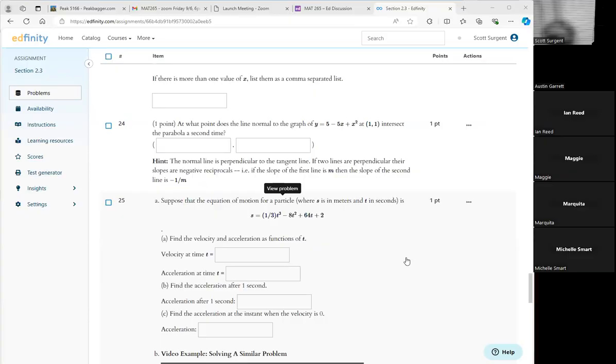So here it is. 2.3 number 24. At what point does the line normal to the graph of y equals 5 minus 5x plus x squared at 1, 1 intersect the parabola a second time? Okay, let's go ahead and work this one out.